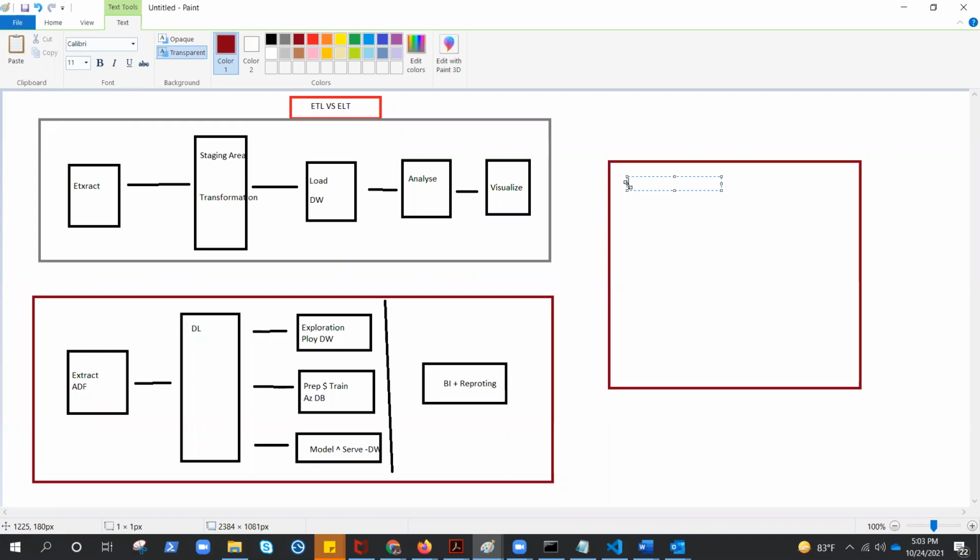And if we talk about latency, in ETL it is high because transformation is happening first. In ELT it is low because we're not transforming all the data which is coming in. We are transforming the amount of data that we want the insight from. And loading without transformation is always fast.